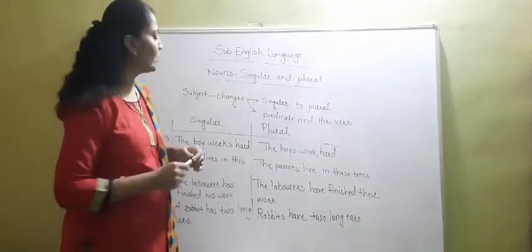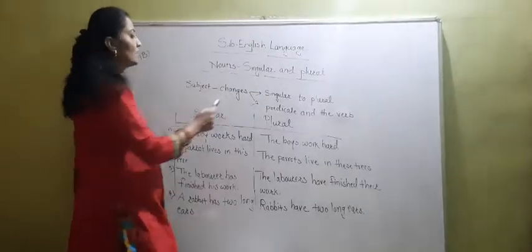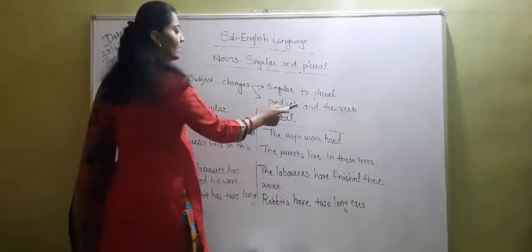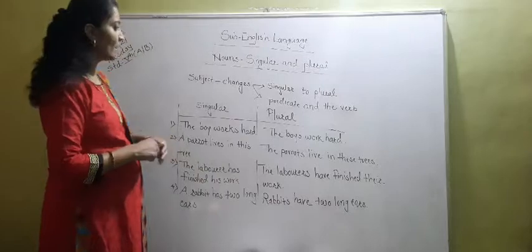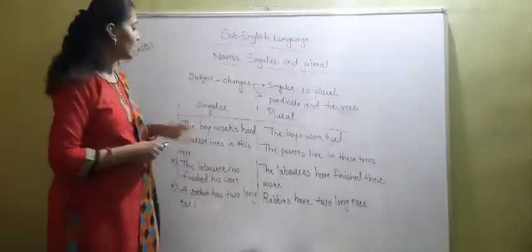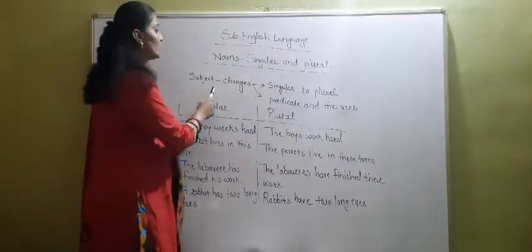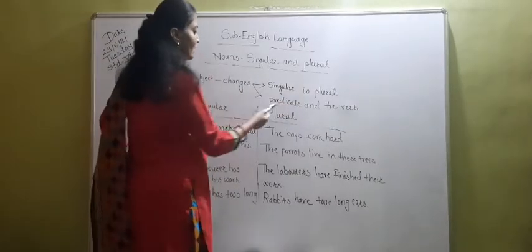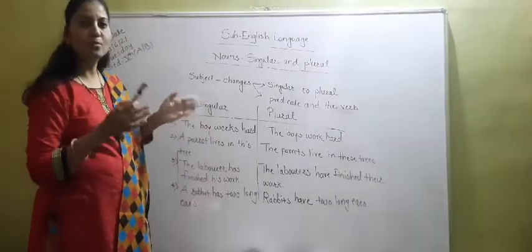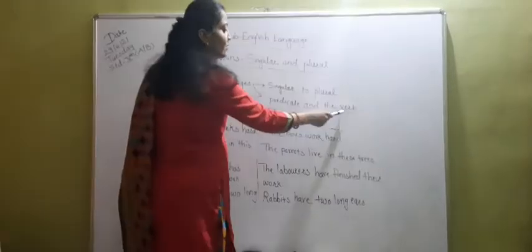Now students, one more important thing I just want to tell you: when the subject changes from singular to plural, at that time the predicate and the verb must change too. This is a simple rule: when we are writing a sentence and we want to make it plural and we change the subject from singular to plural, at that time we have to change the predicate and the verb too.